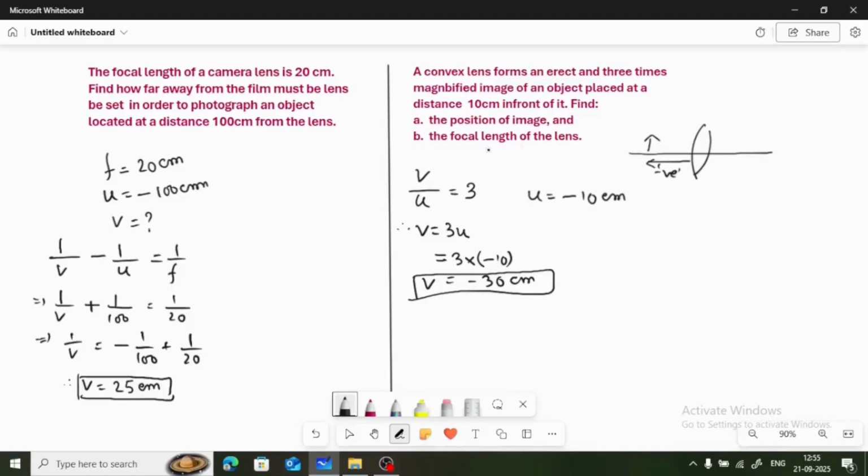And for part B, the focal length of the lens. So you know the value of u, that means the distance of the object, and the distance of the image. Now from the lens formula, 1 by v minus 1 by u equal to 1 by f. So that means 1 by minus 30 plus 1 by 10 equal to 1 by f.